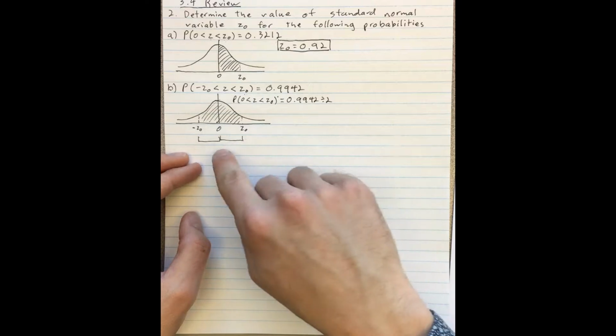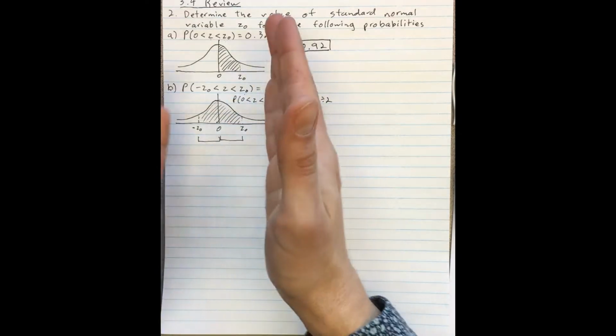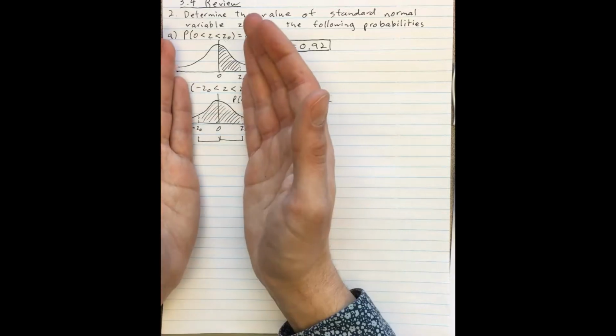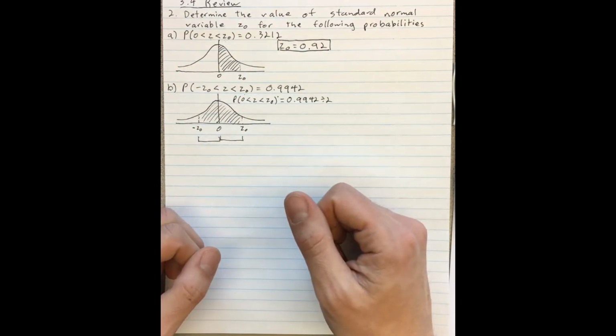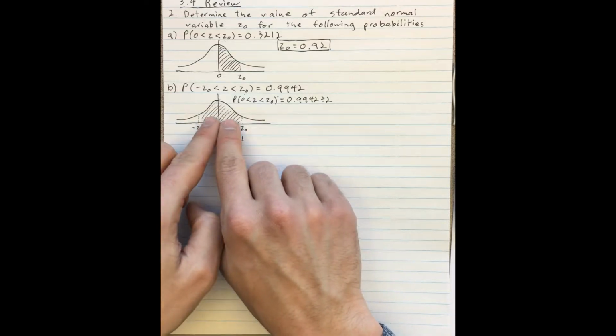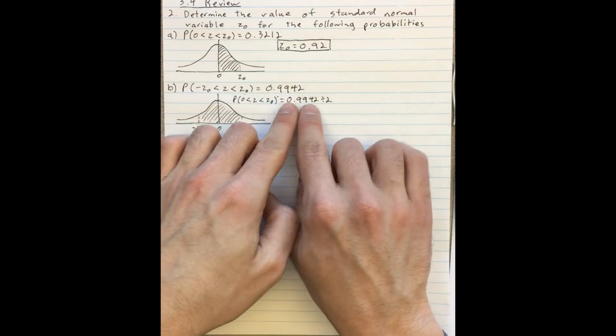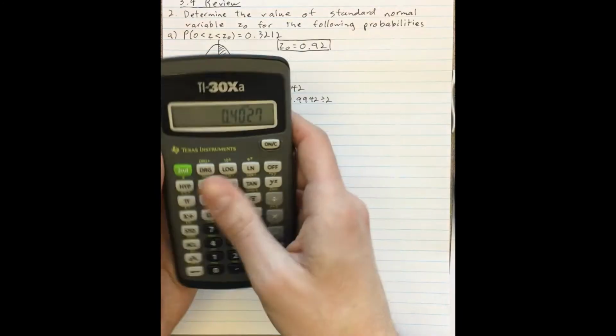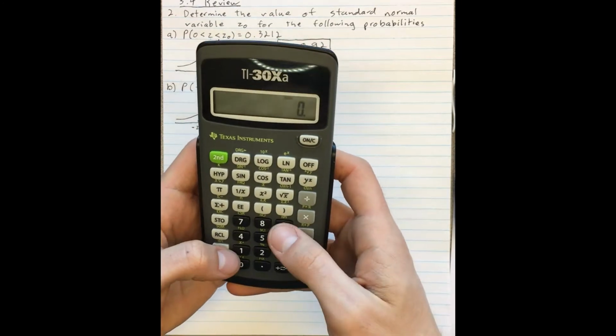Because if the probability of that whole region is 0.9942, and both halves are the same, then each half should be the total probability divided by 2. So let's get out our calculator and figure that out.